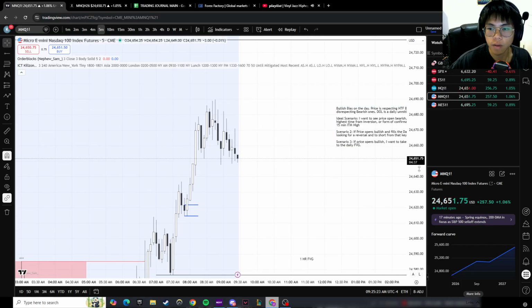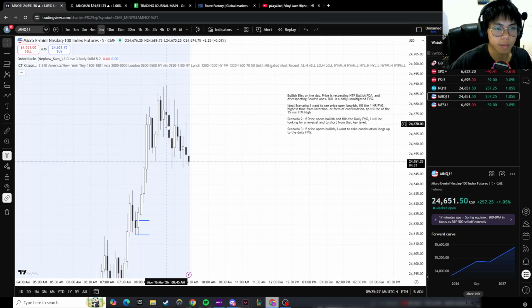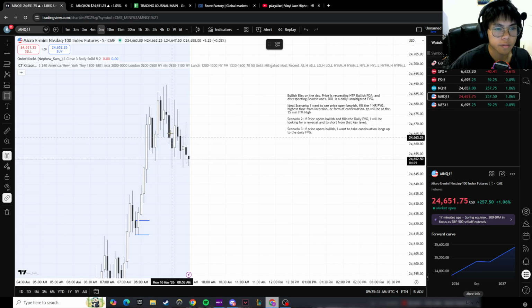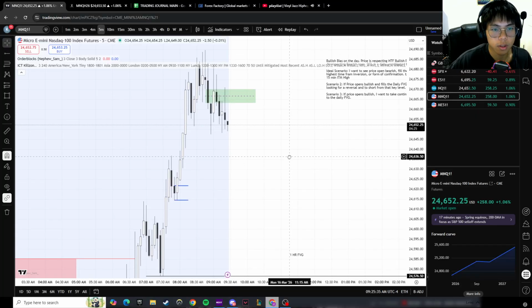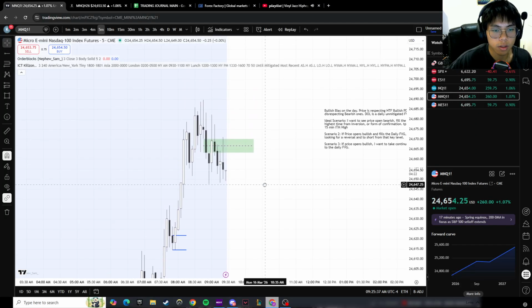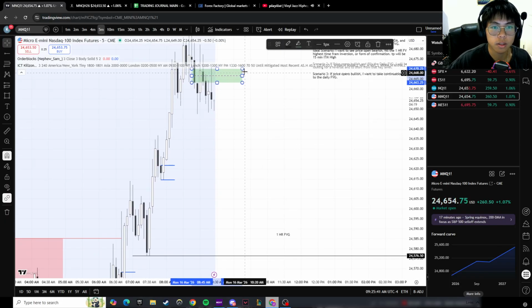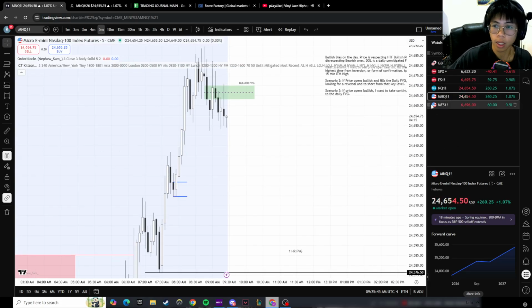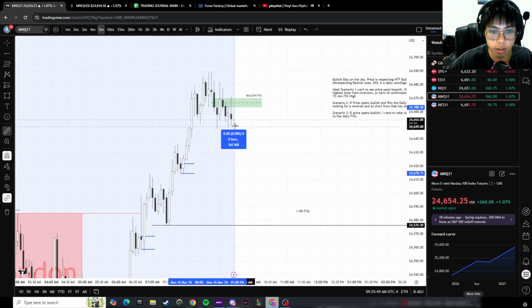Off the bat here in this pre-market, I see that we're respecting this bearish gap. I'm just marking it out because I definitely see price opening here.